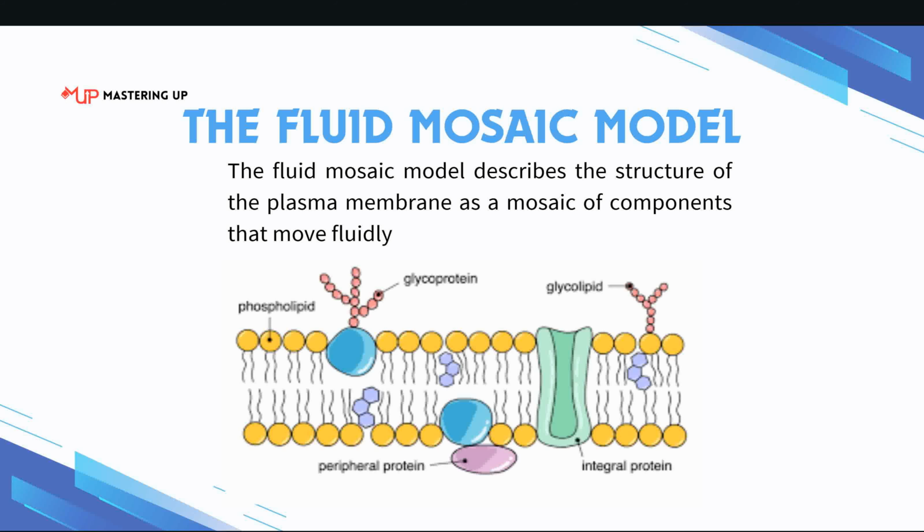The fluid nature of the membrane is due to the ability of lipids and proteins to move sideways within the layer. This provides flexibility, allowing for various interactions and functions.